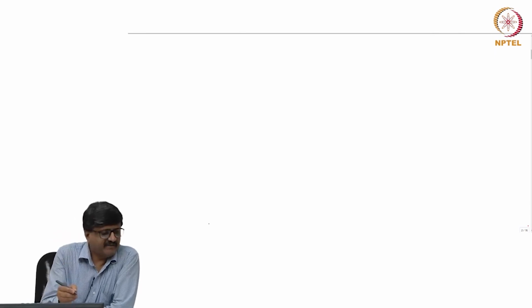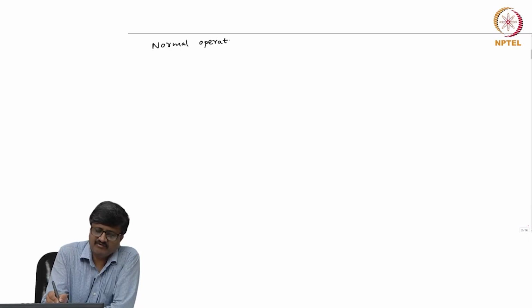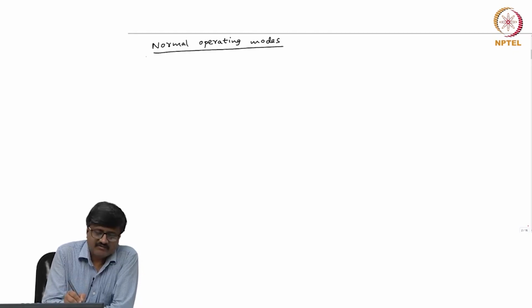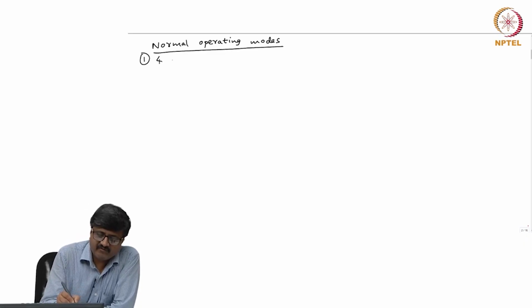So, let us summarize all the operating modes. Let us first see what are the normal operating modes. We have already seen two normal operating modes. One is 4 and 5 valve conduction mode.